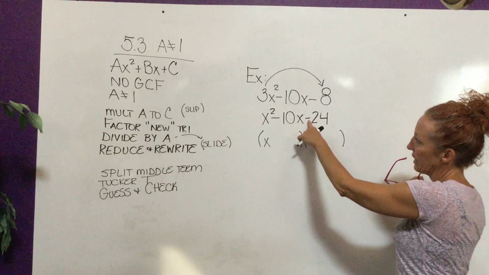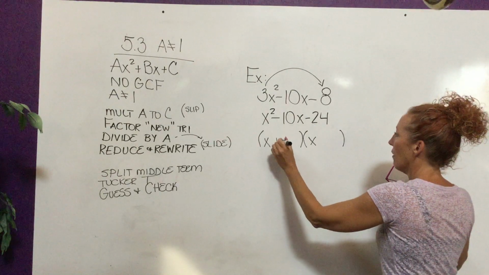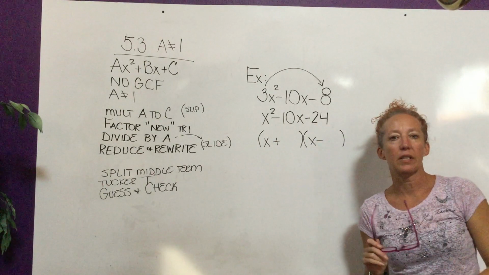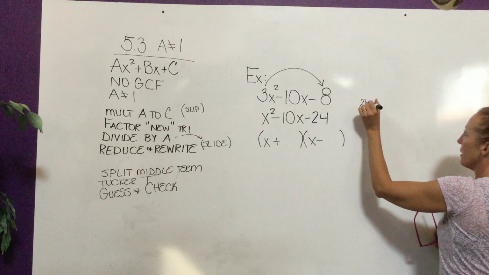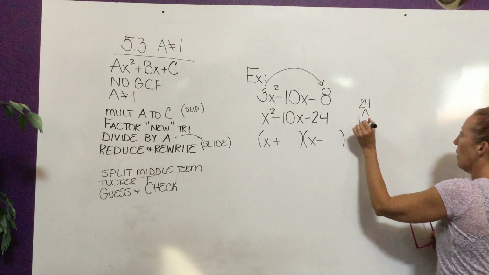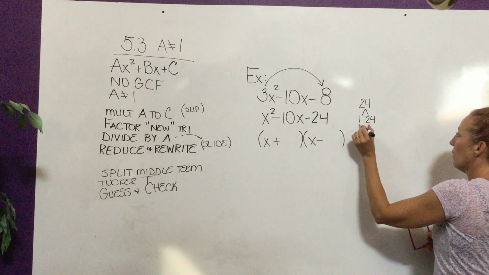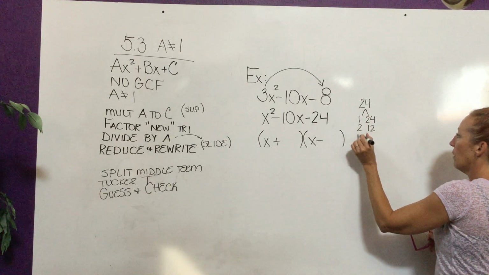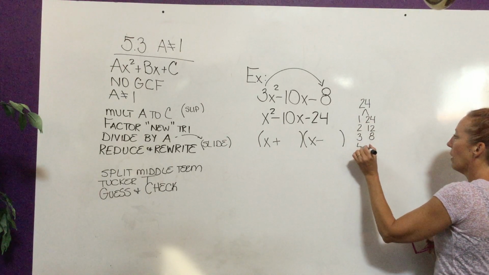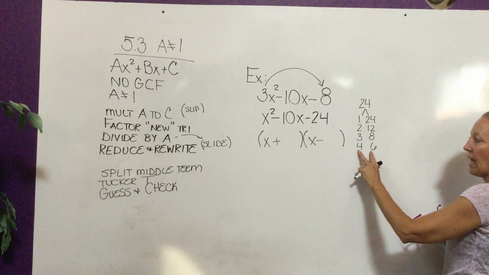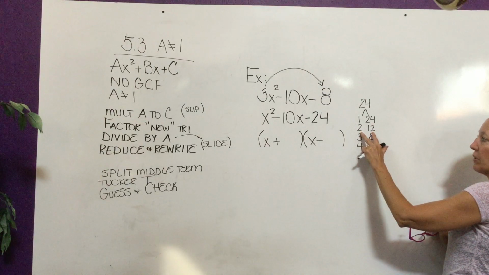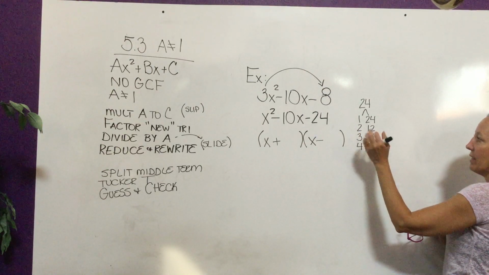Now, because this is negative, you know you're going to have 1 of each, which makes this a particularly tricky question. And here's why. If I go and list the factors of 24, I have 1 and 24, 2 and 12, 3 and 8, and 4 and 6. 4 and 6 add to 10, but 2 and 12 subtract to 10.